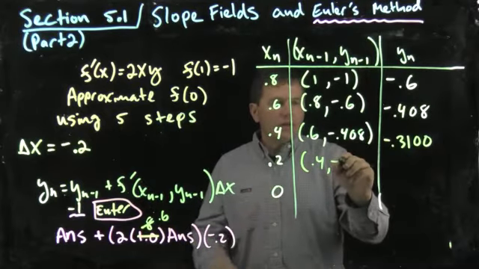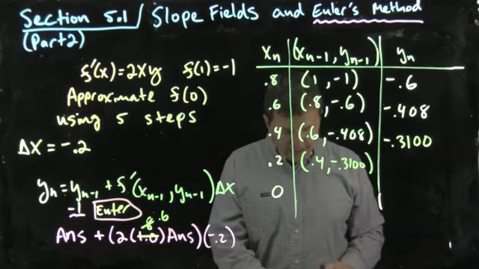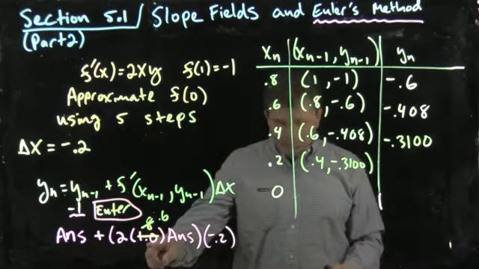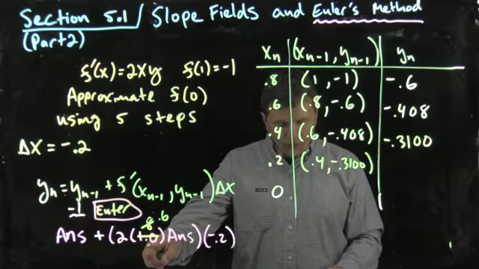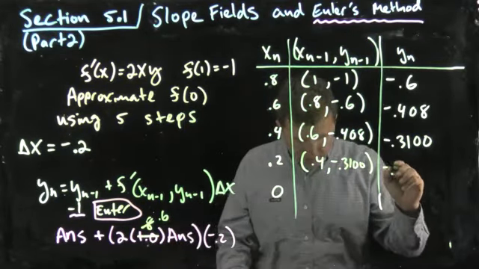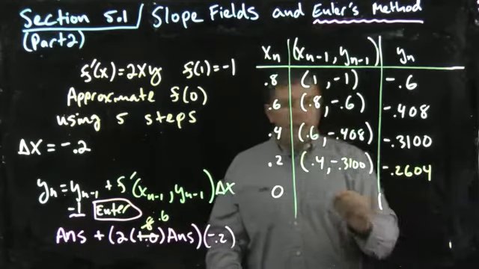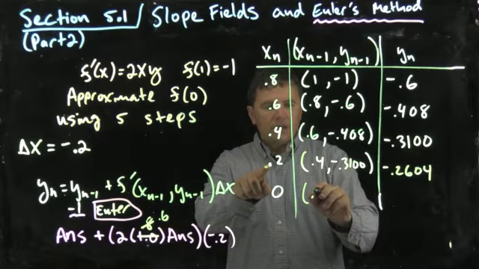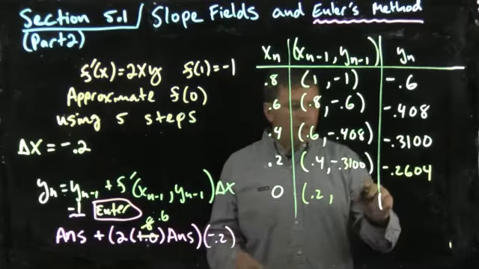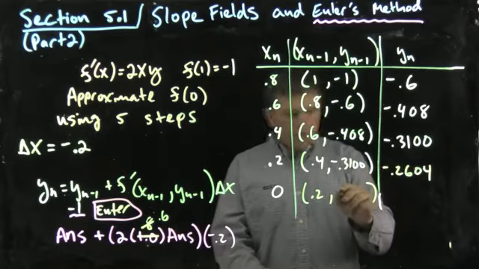Next is 0.4, bring that down, negative 0.3100. Second enter, bring that back up, and we change that to 0.4. Enter, we get negative 0.2604, and we're almost there. 5 is usually the most for me. I think in the book they have you do one that's a little bit longer, which I think can be a little bit overkill.